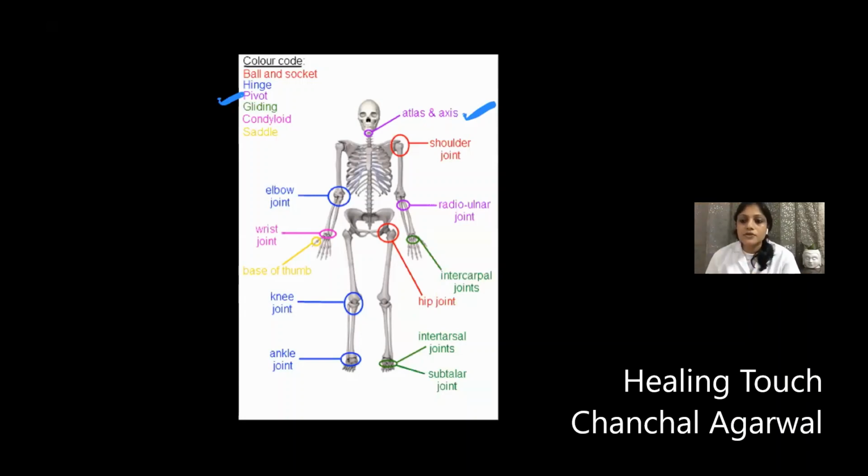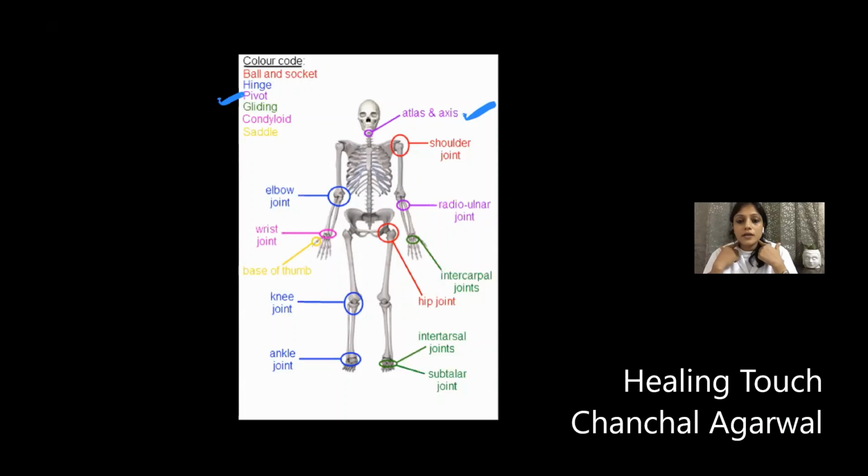This is called pivot. So आपका ये जो skull है, आप सोच के देखो, इतना भारी ये skull 2.5 किलो का आपकी बॉडी के ऊपर फिट कर दिया गया है, and you are able to move it, and it has been given the power to control the whole body, and it is not falling off. सारा दिन आप सोचो कितनी बार इसे मूव करते हो, because of this joint which is called the pivot joint.